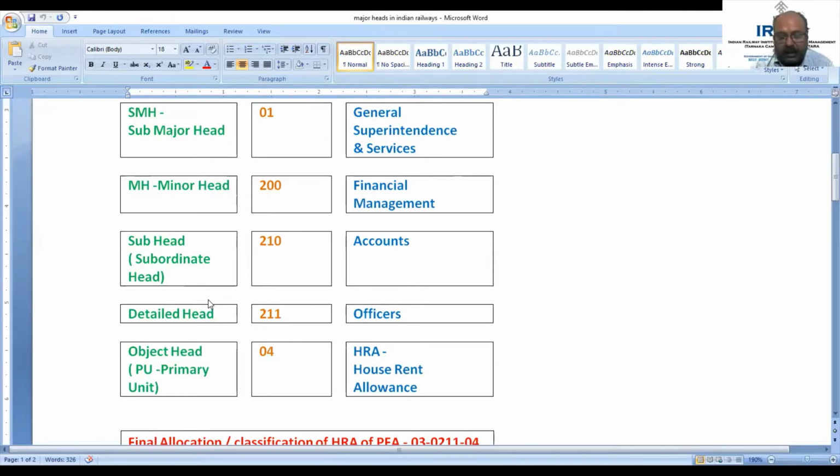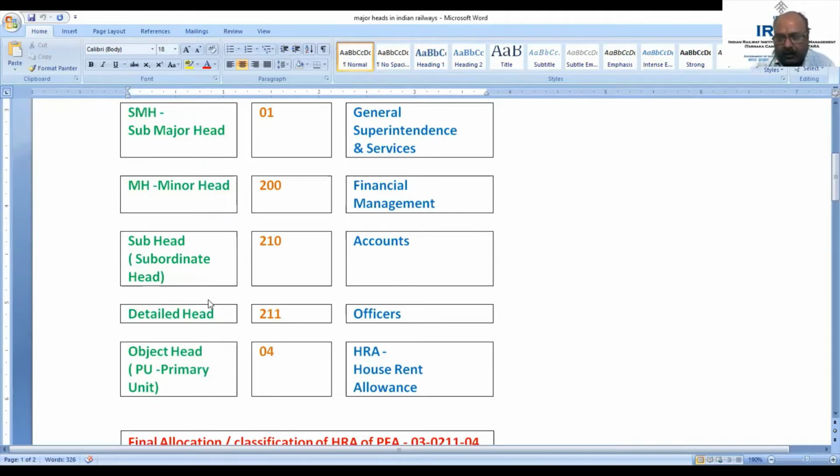And in the allocation structure, the last 2 digits are the object head, or it is called the primary unit. Primary unit means what is the object of expenditure. Here the first part specifies the activity, and the last part of the allocation specifies the object of expenditure.